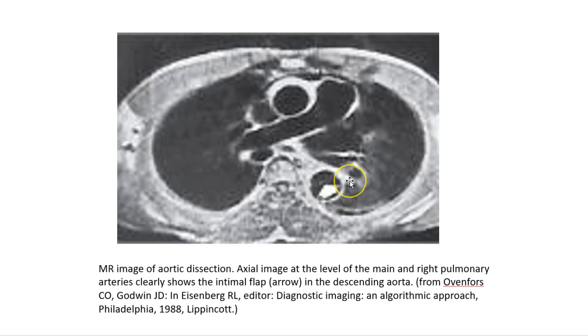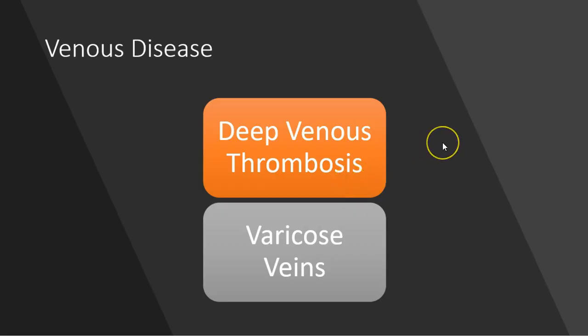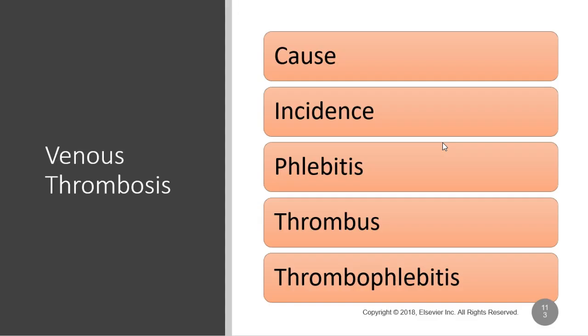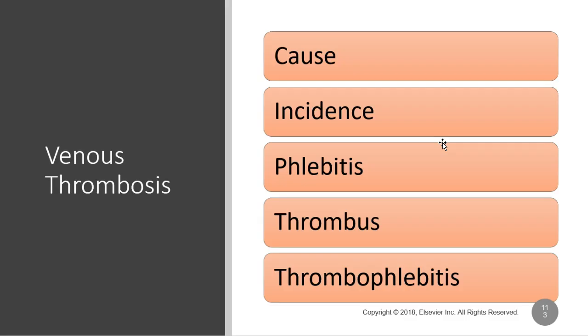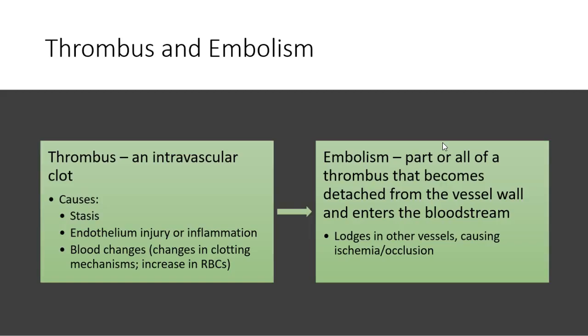So here also. Now venous disease: there's deep venous thrombosis and varicose veins. The incidence is usually from phlebitis, thrombus, or thrombophlebitis. A thrombus is an intravascular clot.